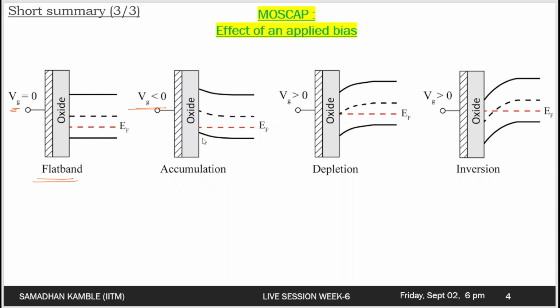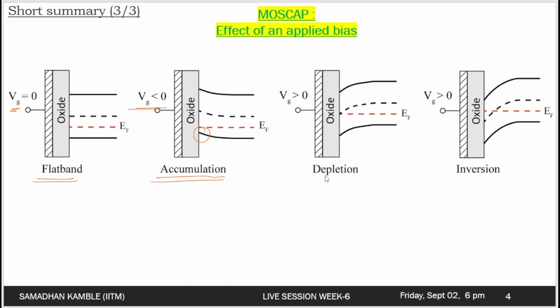This makes the hole concentration near the semiconductor oxide interface increase, or in other words, the Fermi level is moving closer to the valence band at the interface. This condition, where the majority carrier concentration is greater near the oxide semiconductor interface than inside the bulk, is called accumulation.